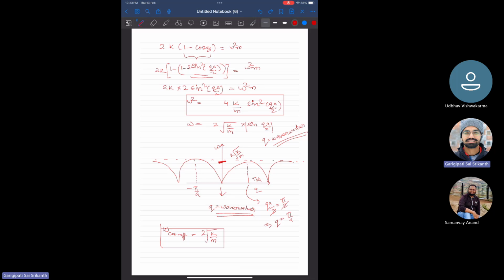What is the other thing that we notice? We notice that this entire continuous curve, we call this a band. So this is one band. And why did we get only one band?